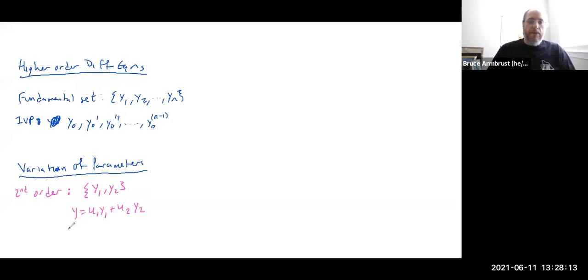Through some restrictions and all that, we ended up with a matrix equation that looked like this: u1 prime, u2 prime equals 0, and g of t, where the differential equation equals g of t.